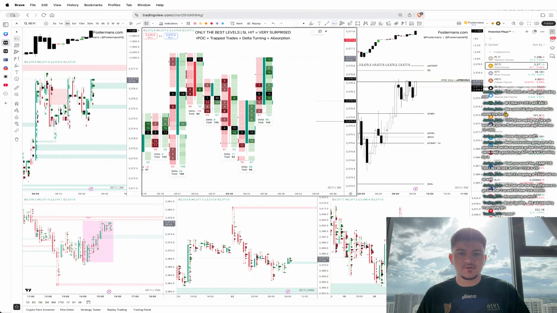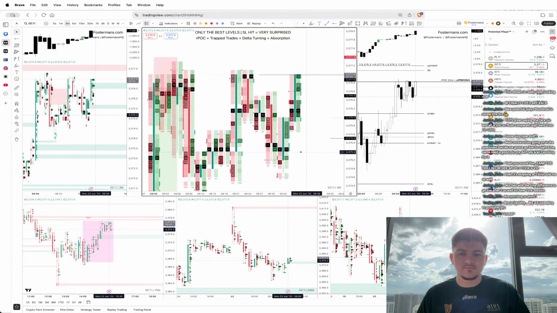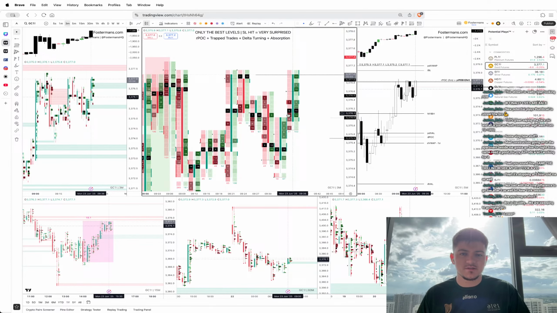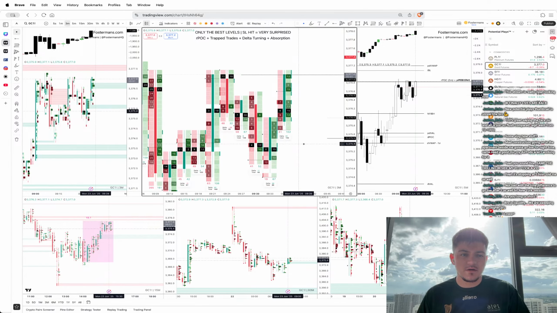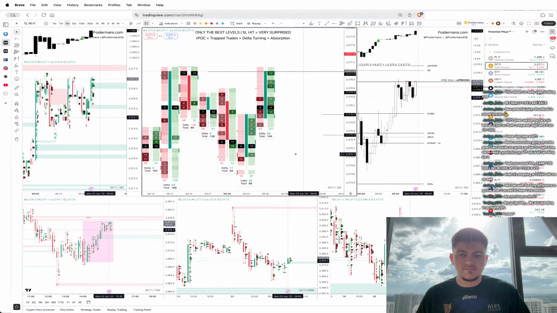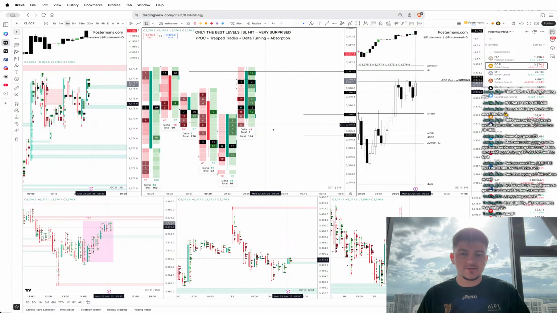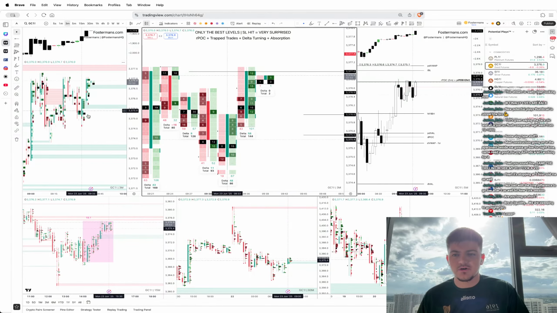Okay, so that POC was just top there now. It's a simple read, right? Buyers coming in, buying imbalances. You can see here all these buying imbalances.